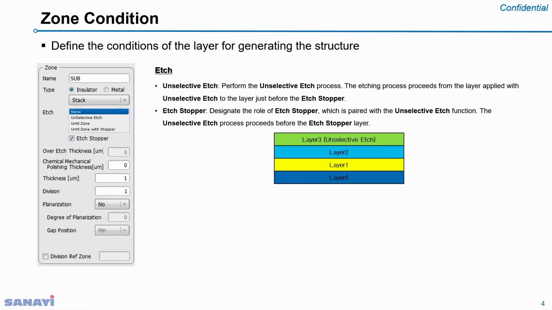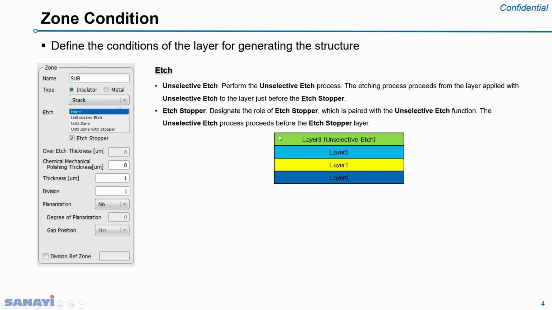Let's see unselective etch and etch stopper first. Unselective etch means that the etching process starts from that layer. Then, etching proceeds until just before the layer for which the etch stopper is checked. To clarify the concept of the two functions, let's look at the following example.